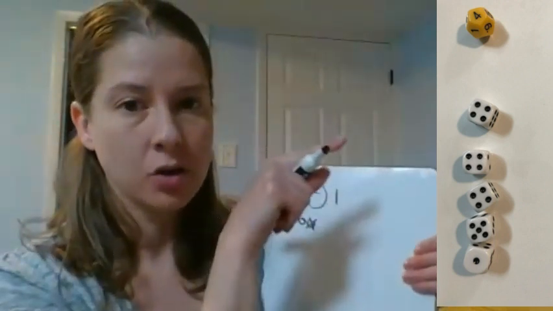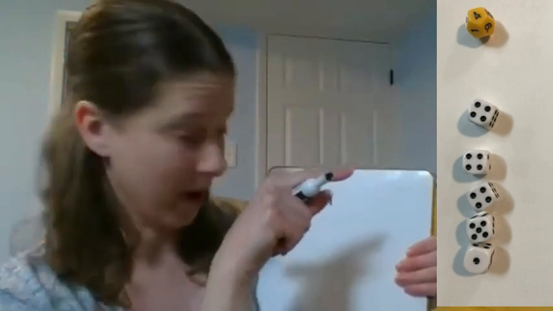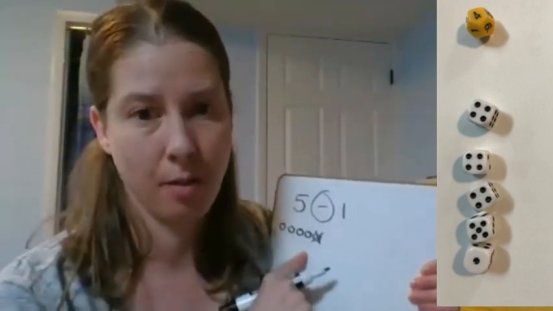So 1, 2, 3 dice landed on 4. That's 3 points. And I just got another point for making 4 again. So I got my counters here. For my points, I got 1, 2, 3, 4 points for my first roll.